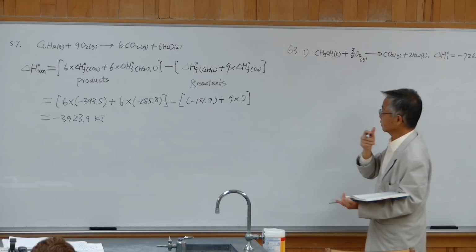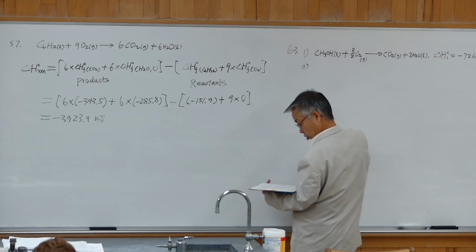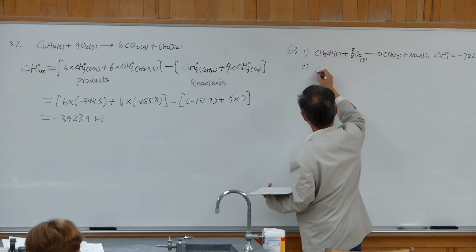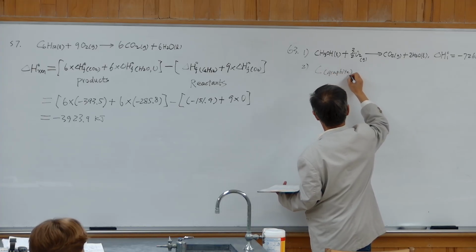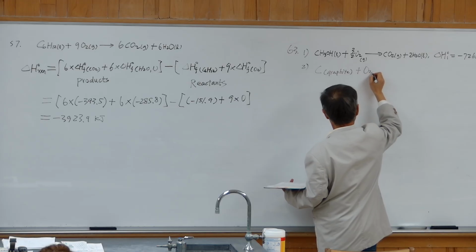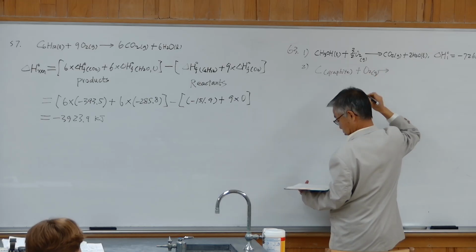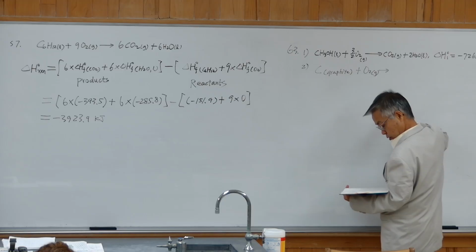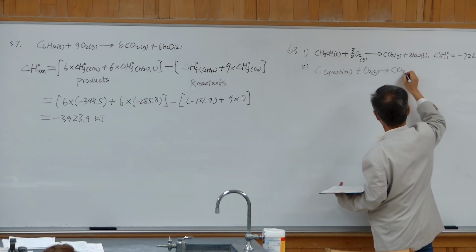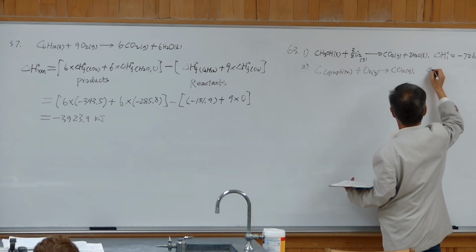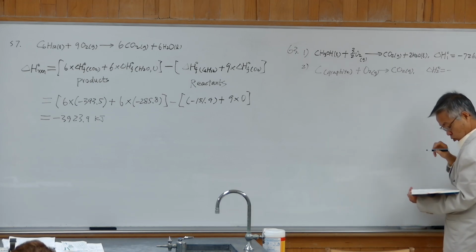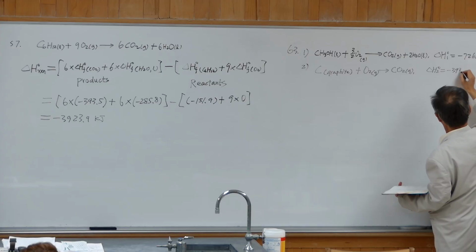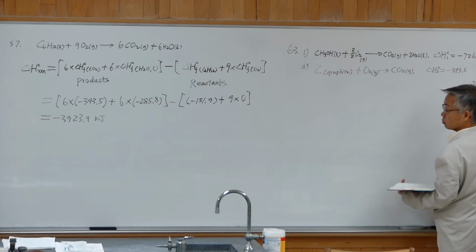Reaction 2 is carbon, which is graphite, reacting with oxygen gas to produce carbon dioxide. Enthalpy change is negative 393.5 kilojoule per mole.